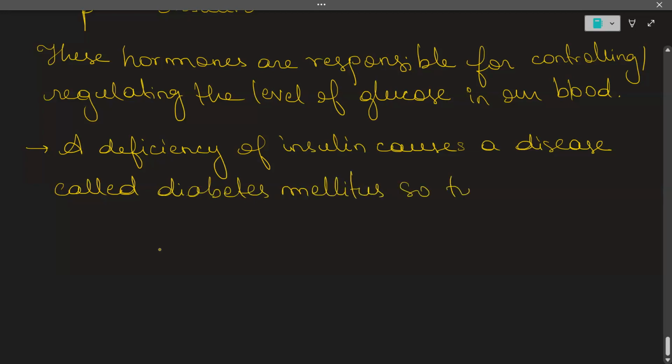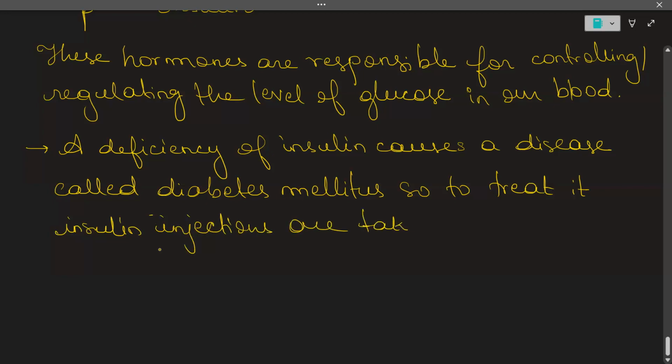To treat it, insulin injections are taken by the patient.